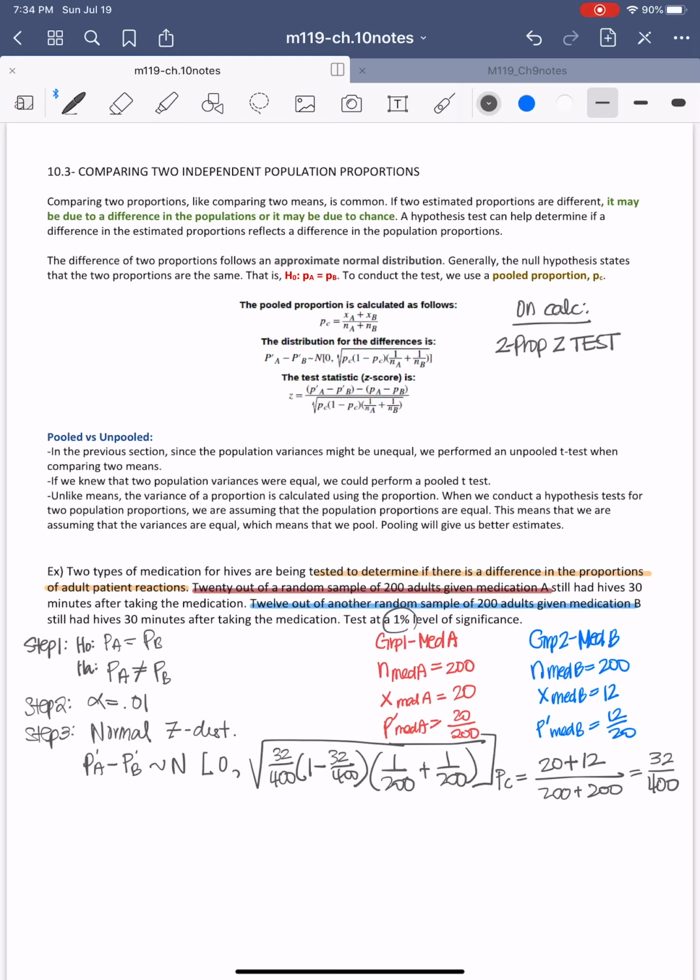That's my notation. And then I'm going to use the calculator to change to decimal value, rounding to the 4th decimal place. So P bar A minus P bar B is normal, 0, 0.0271. Okay, that's what I have for my standard deviation. Let's do step 4.